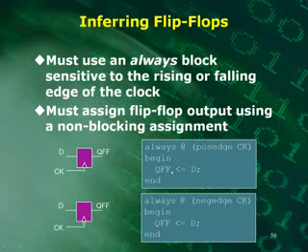So when I say QFF <= D, the QFF is this flip-flop's output. Okay, here I said always at negedge clock, and this little bubble just means that it's an inversion or whatever. But your vendor, when you synthesize, typically they have flip-flops that can do both. Probably the most common is the posedge clock.